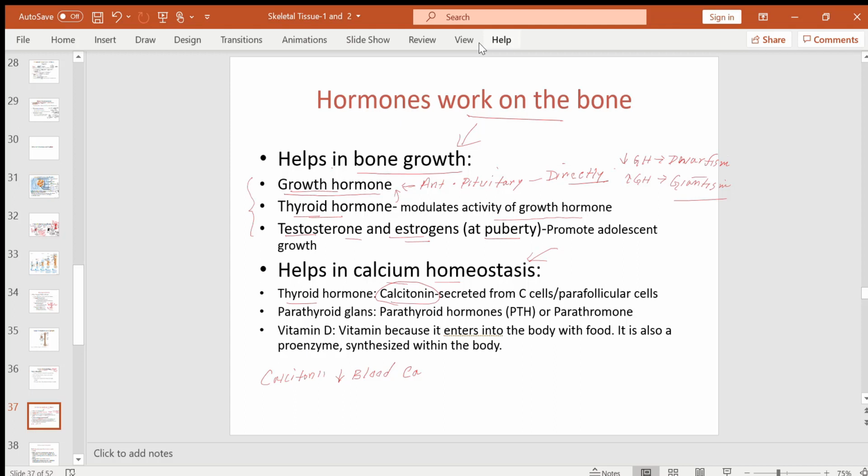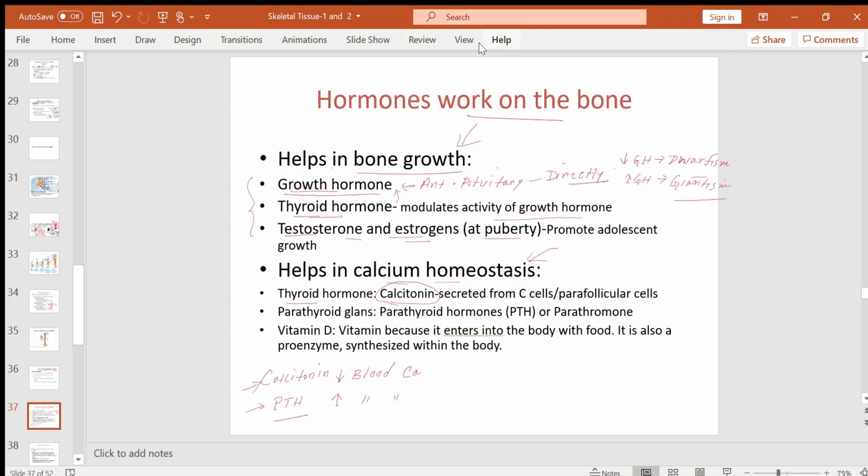And parathyroid hormone comes from the parathyroid glands, does the opposite, increases the blood calcium. Okay, so by the action of these two, calcitonin and parathyroid hormone or PTH, they work together to regulate the calcium in your blood.